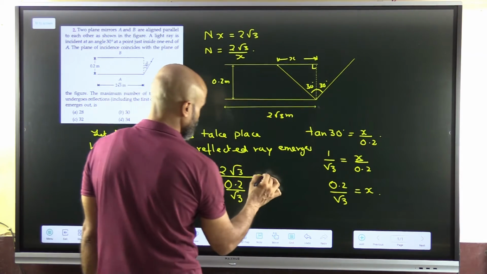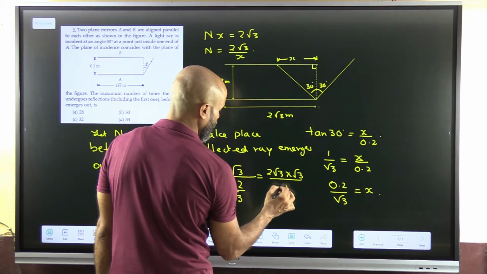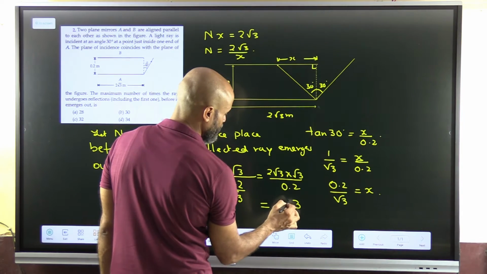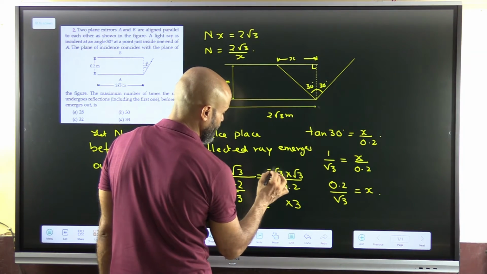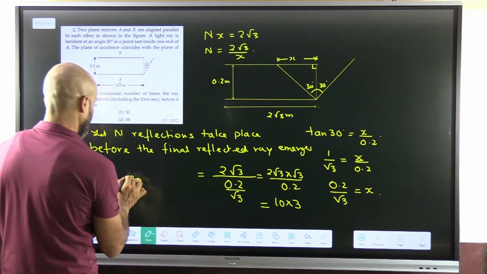The under root 3 goes up, so that will be 2 under root 3 into under root 3 upon 0.2. So 3 into under root 3 will be 3, and this will be 20 upon 2, that is 10. So that will be 30.